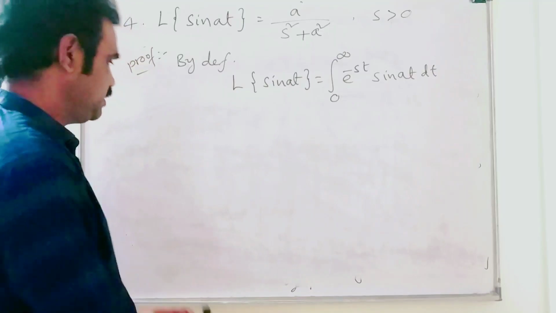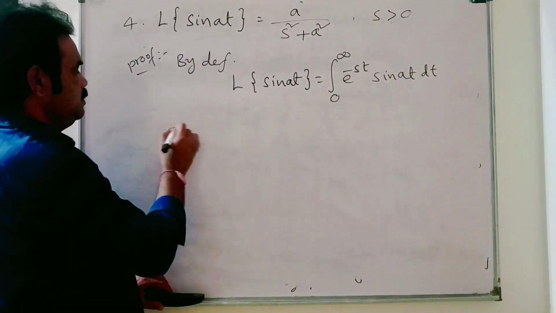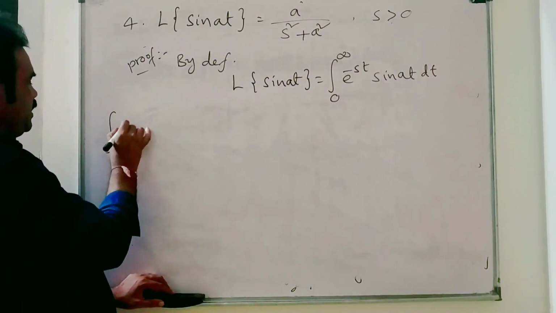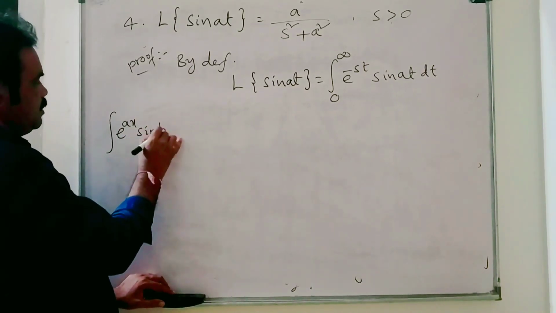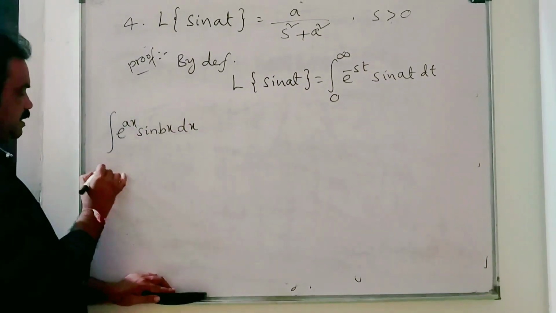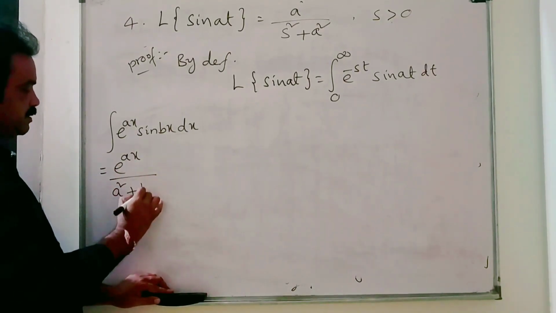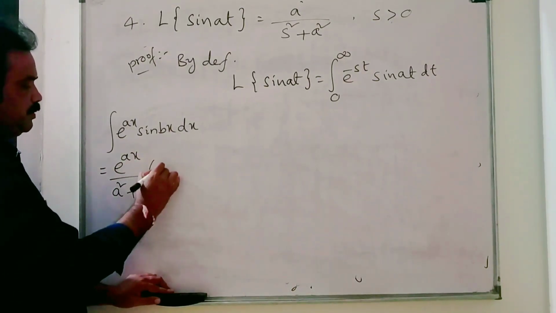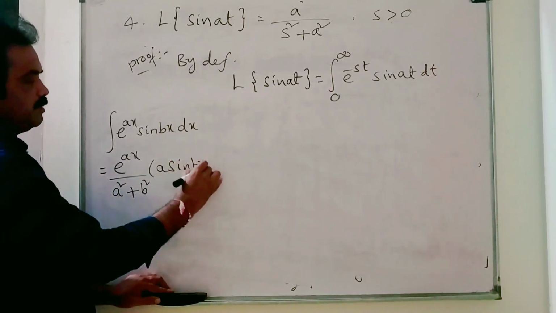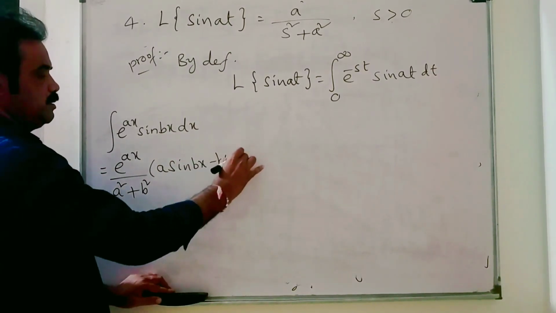Now we have a formula here. Integral e power ax sin bx dx is equal to e power ax by a square plus b square into a sin bx minus b cos bx.